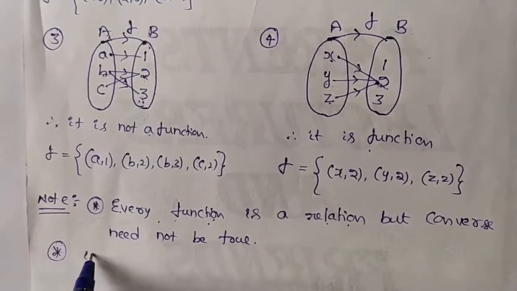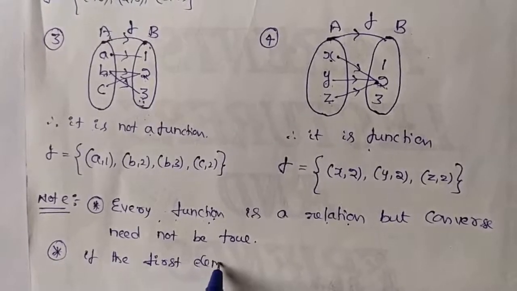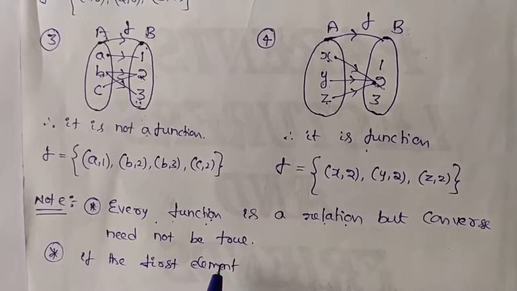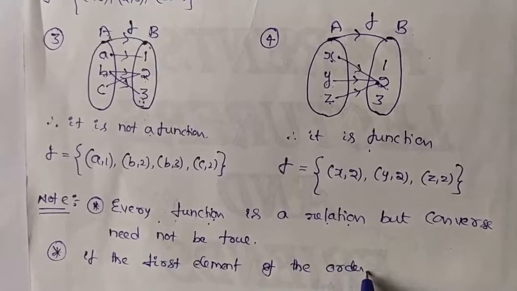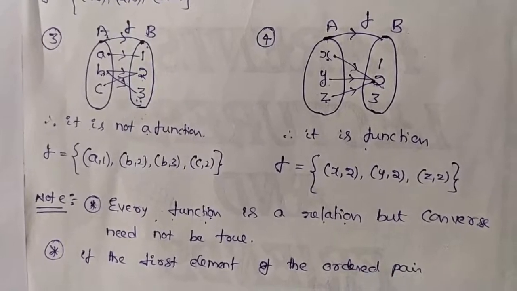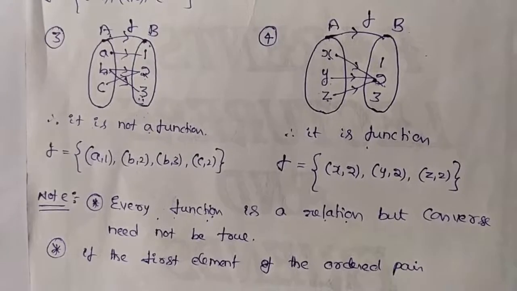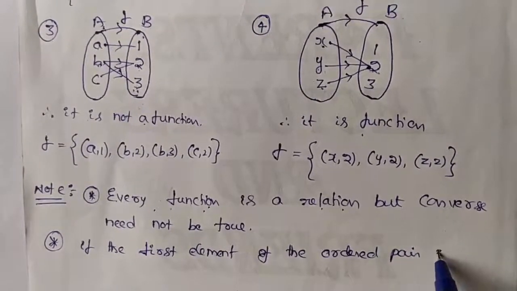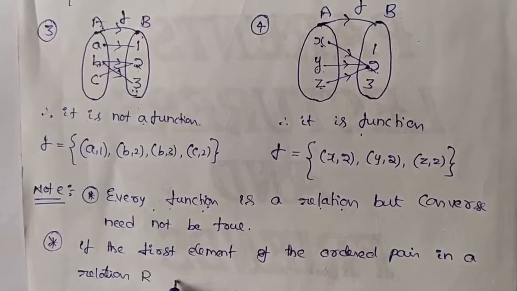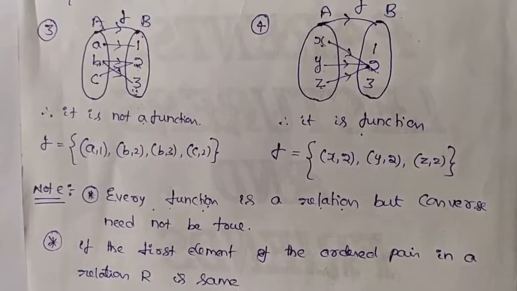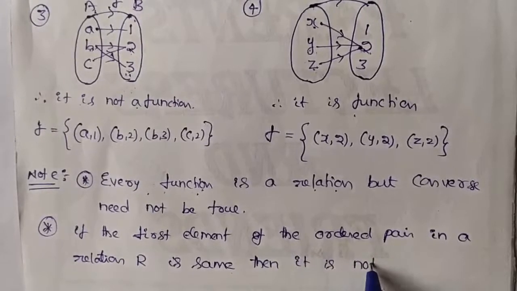If the first element of the ordered pair in a relation R is the same, then it is not a function.